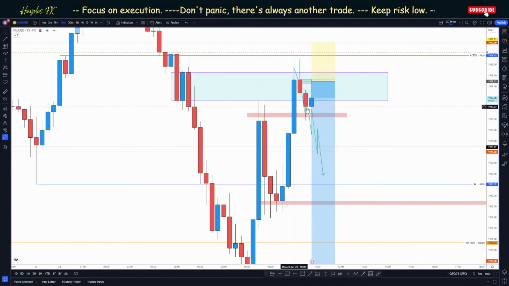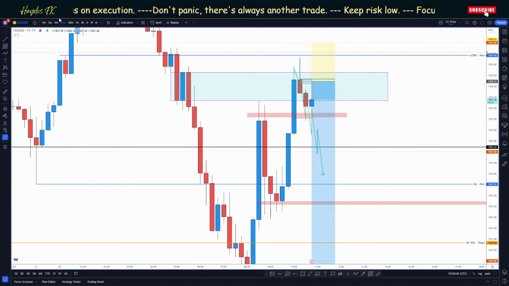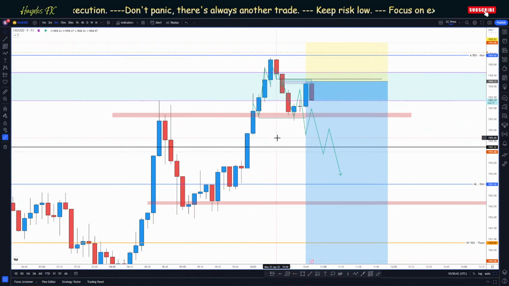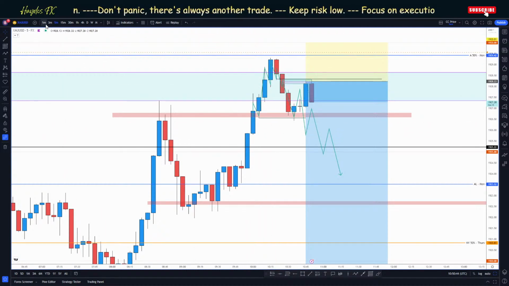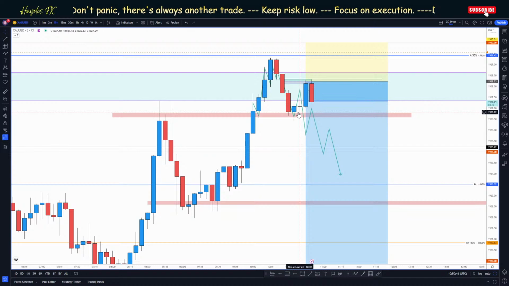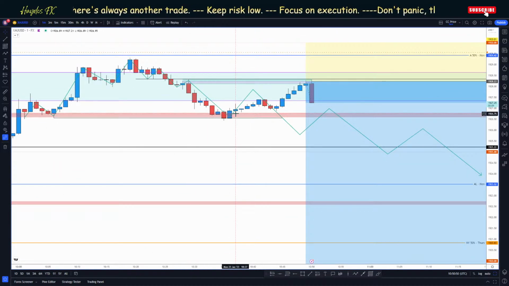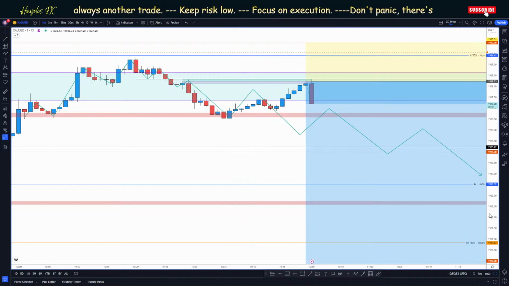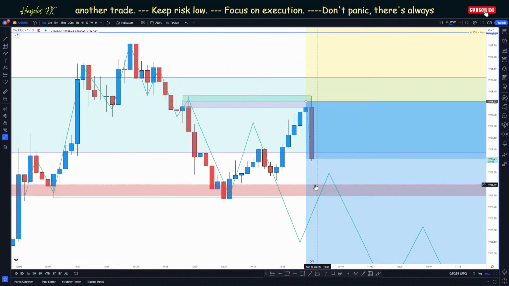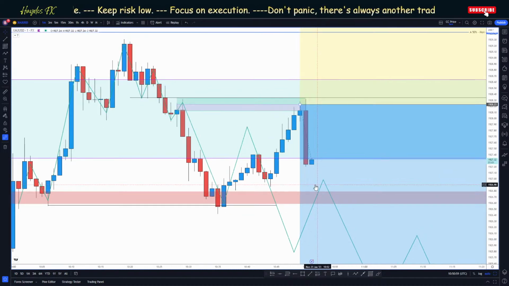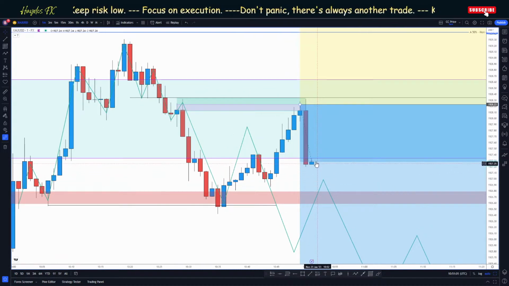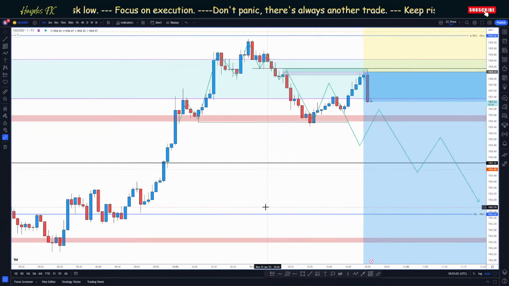What would be beautiful is if this candle closes like this and we break the low. If we get down to here, we're pretty much going to be a 1-to-1. That's pretty quick, man. Okay, just fall. Come on.